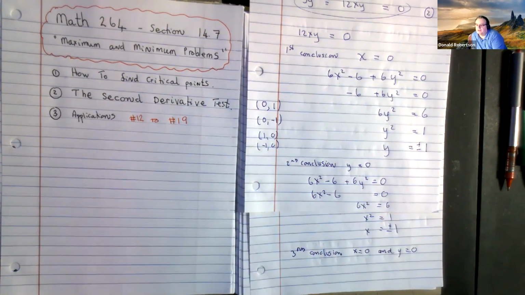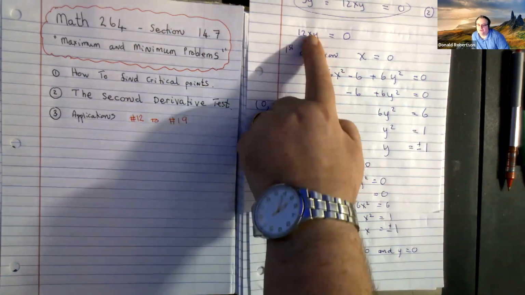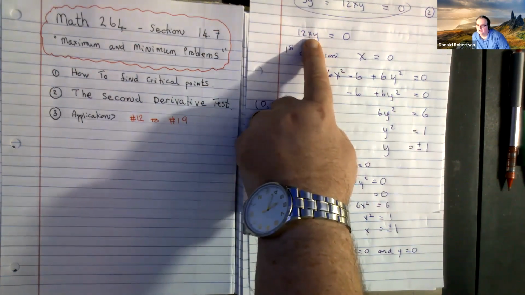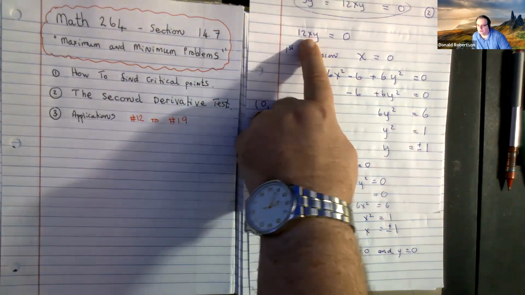Shouldn't I check that x equals 0 and y equals 0 at the same time, right? Both of them being 0 might work. Now, does it work for this guy? Sure does, right? 0 and 0, 12 times 0 times 0 works.